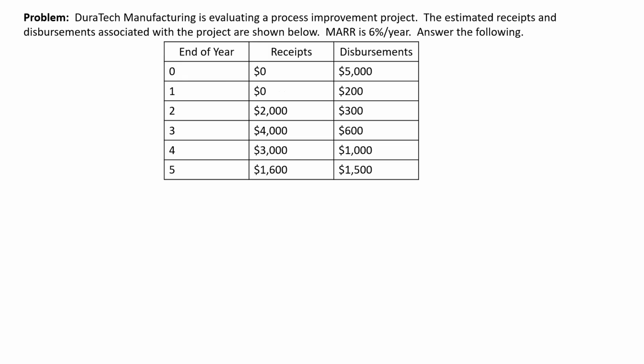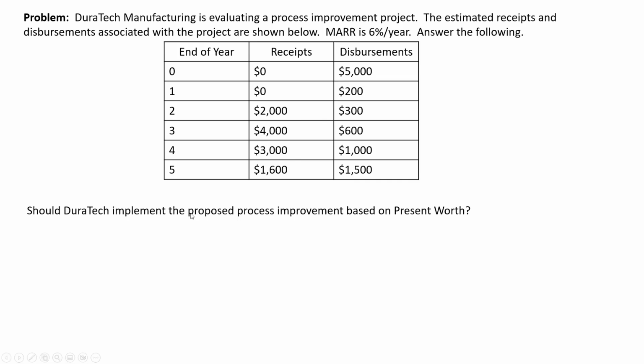And after that, 4,000 and so on. Anyway, you get the idea. So what's the question? Should Durotech implement the proposed process improvement based on present worth?